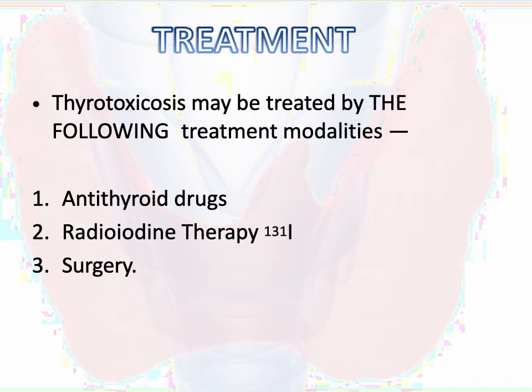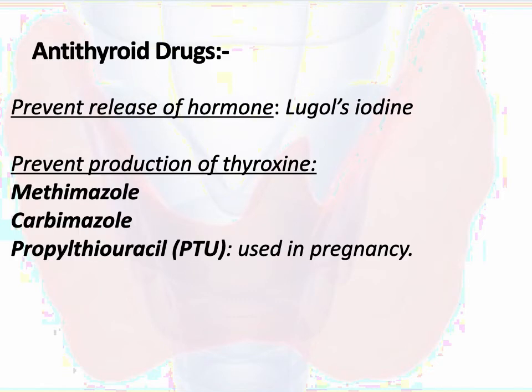Thyrotoxicosis may be treated by the following: antithyroid drugs, radioiodine therapy, and surgery. These are three modalities which we use. Antithyroid drugs prevent release of hormones, like logosiodine in previous days. Nowadays, we use them to prevent the production of thyroxine, right? The methimazole, carbimazole, and propylthiouracil.